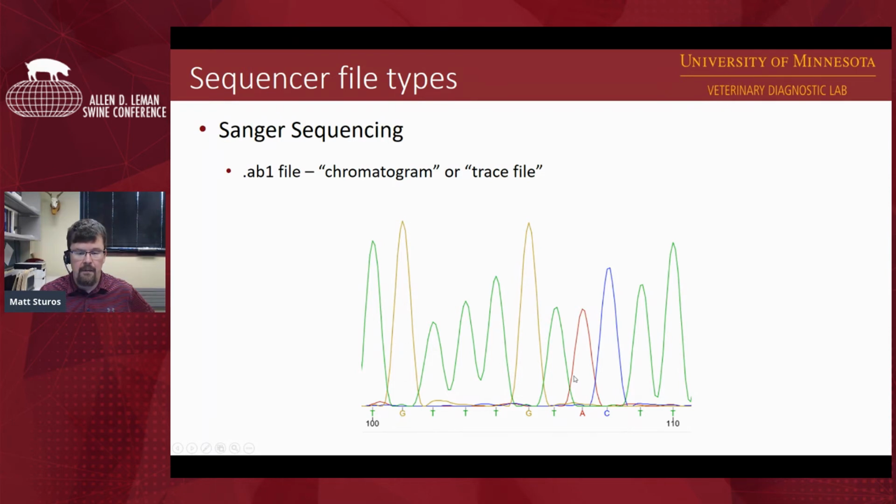We have a red reporter, this would be A, and the blue reporter is C. As this chain terminates at the different lengths, the machine will read what nucleotide got added, and it'll create this profile that's called a chromatogram. This is where the A's and the C's and the T's and the G's come from when you look at the typical file that you're used to looking at.